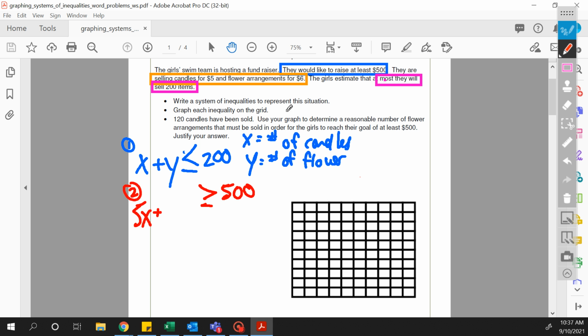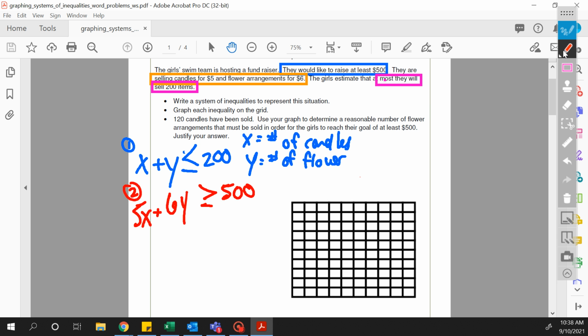And for each flower arrangement, they're selling for $6, so 6 times the number of flower arrangements. So the amount that they sell, $5 for candles plus $6 for flowers, should be more than or equal to 500. So these are the two things we want to graph.